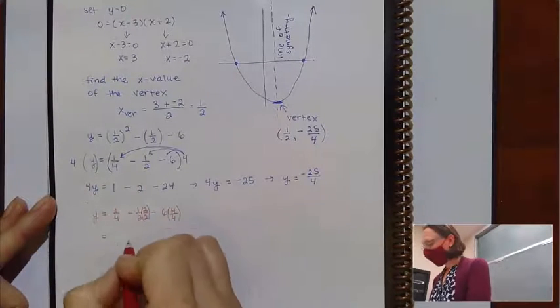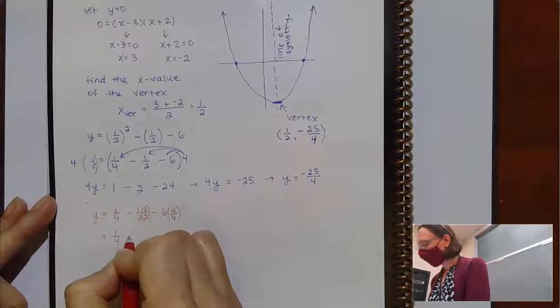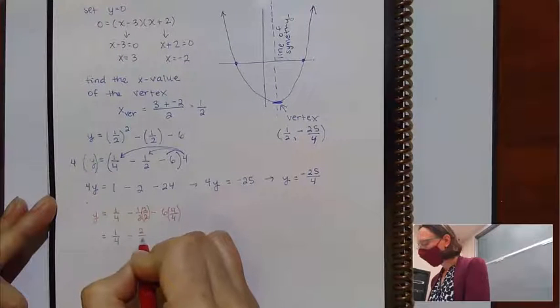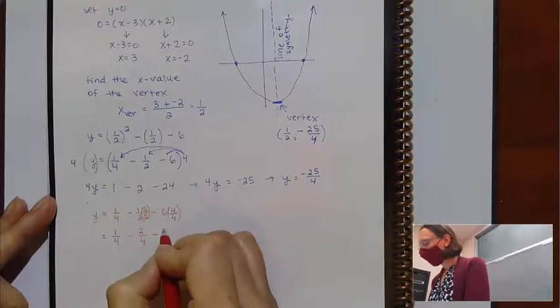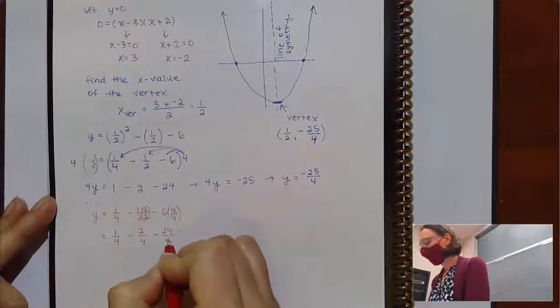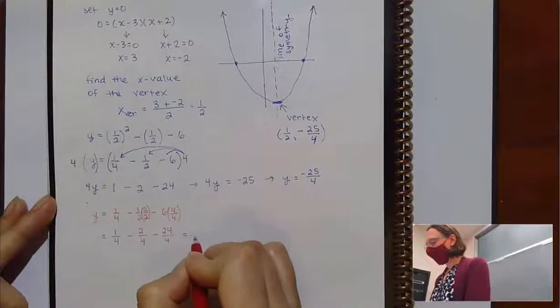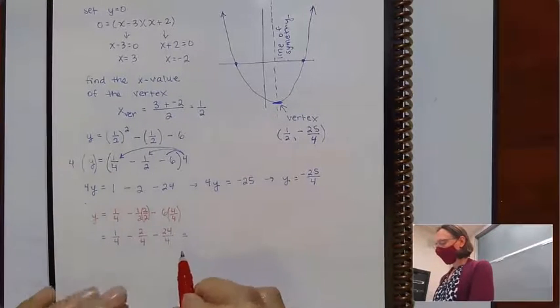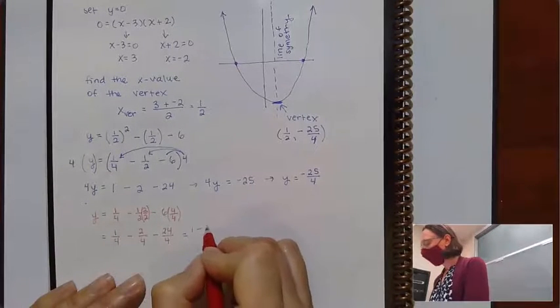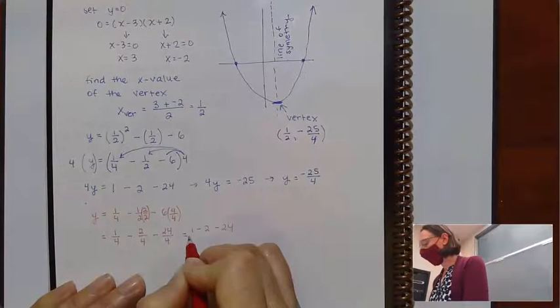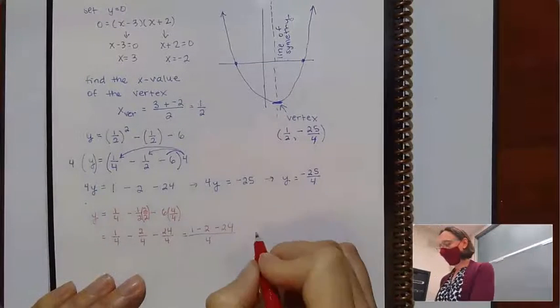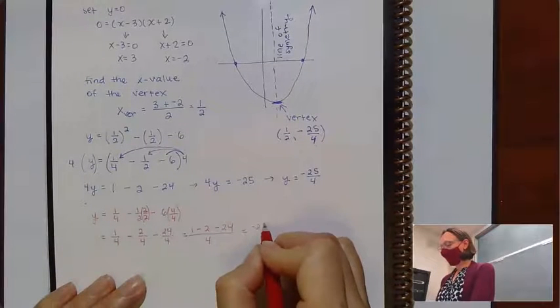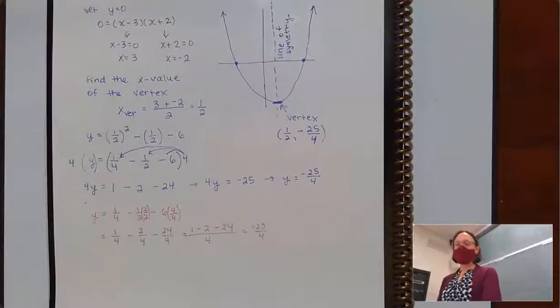Which means I'd end up with 1/4 - 2/4 - 24/4. Or 1 - 2 - 24 all over that same denominator of 4. Should get that same thing.